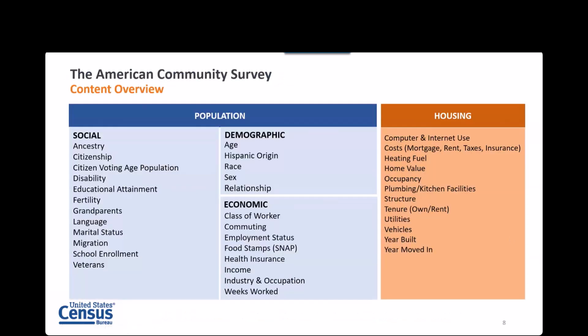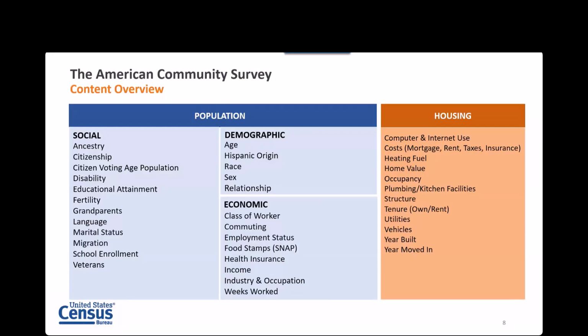All right, so the content that's collected by the ACS can be grouped into 4 main types of characteristics. We have social, demographic, economic, and then housing. So social characteristics include topics like disability status, education, the language spoken at home. Demographic includes the typical sex, age, race, and Hispanic origin.